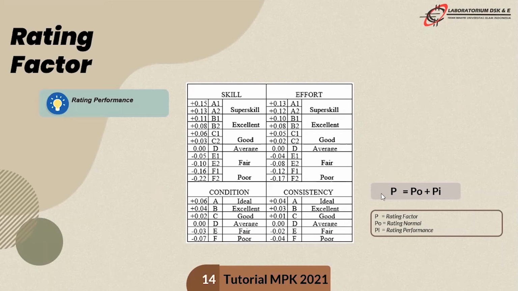You can use this formula to calculate the rating factor, which is P equals PO plus PI, where P itself is the rating factor, PO is the normal rating, equal to 1, and PI is the rating performance.